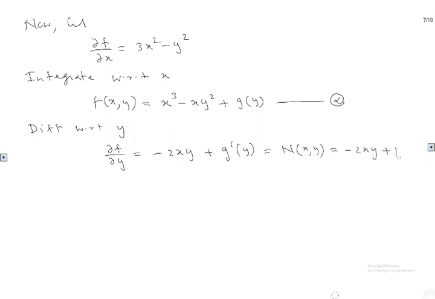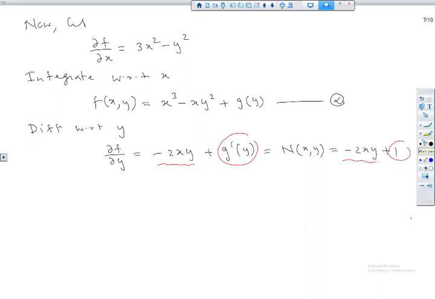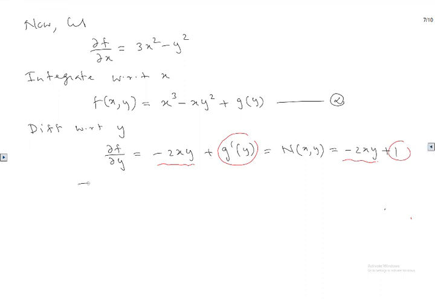So once you do that, you can see something interesting. You can see that this part is exactly equal to that part. In other words, this and that has to be the same. Okay, this should be the case always. So this implies that g prime of y has to be equal to 1.